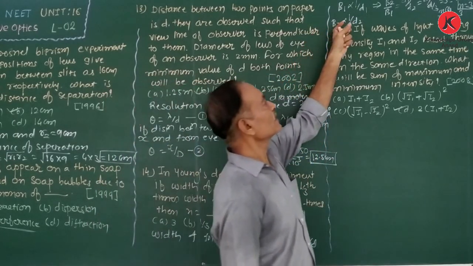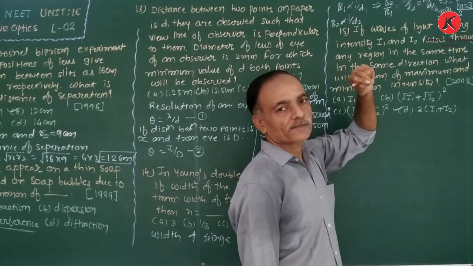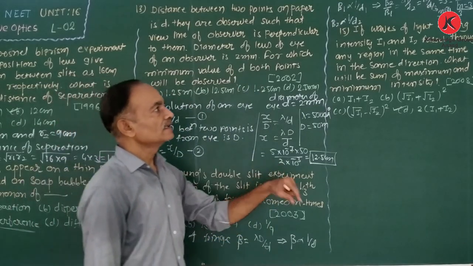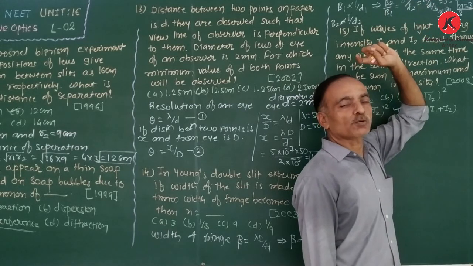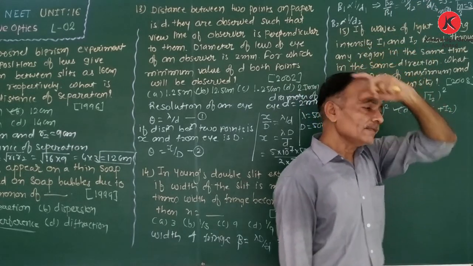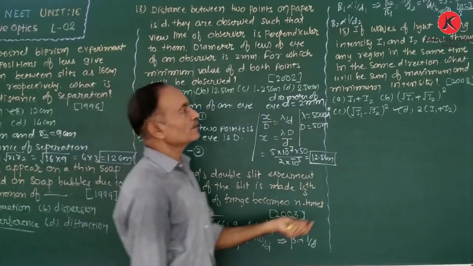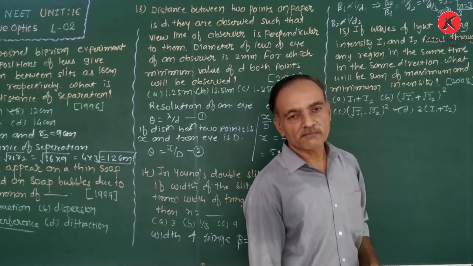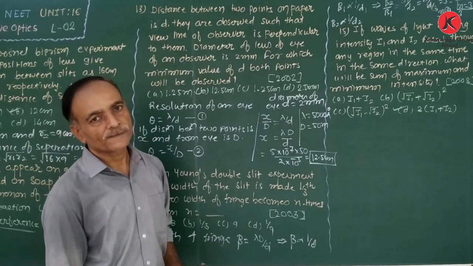Taking the ratio of these two equations, beta 2 upon beta 1 is equal to d1 upon d2. Now we decrease the width of a slit by 1/3. Therefore, d2 is d by 3, d1 is the original width of a slit, therefore 3. At that time, the width of the fringe becomes n times. Therefore, beta 2 is n times beta 1, beta 1 cancels. Therefore, n is equal to 3.